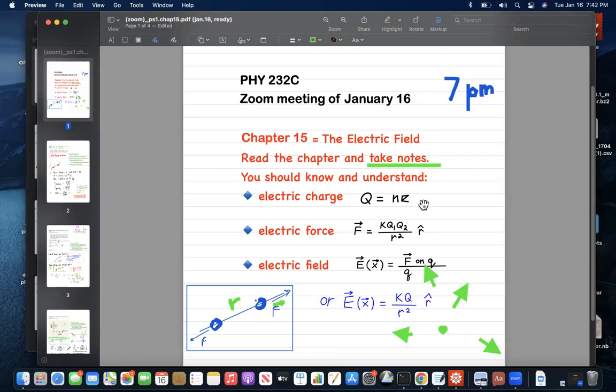If you look on page 315, it talks about quantization. If you look at the very last sentence on page 315, it says, it's remarkable that the proton and electron, although very different in mass, carry charges of exactly the same magnitude, plus e for the proton, minus e for the electron.